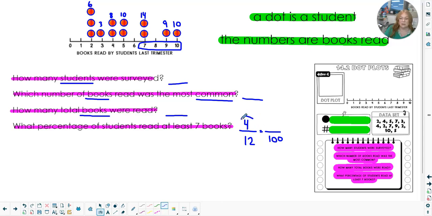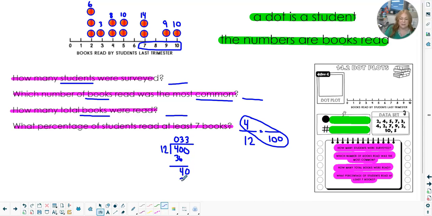Now because we have this equal sign here, we can crisscross multiply. So that's 400, and we're going to divide that by 12. 12 can't go into 4, but it goes into 40 3 times, which is 36. We have 4 left over. We're bringing down that 0. It looks like it's just going to repeat again.